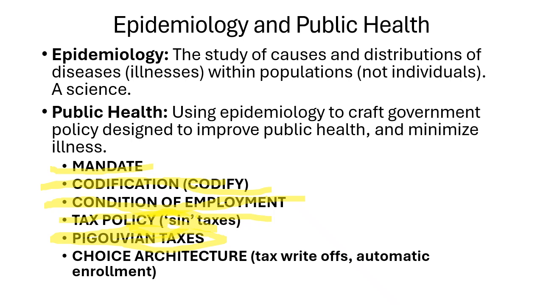All right, choice architecture is a relatively new example of public policy, and it is where government doesn't tell you what you can and can't do, but government, through their research, knows that there are some things that it's good to do and some things that it's bad to do. So, for example, bad to do would be cigarette smoking.